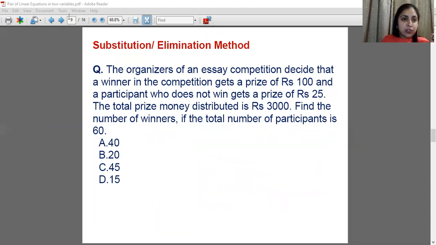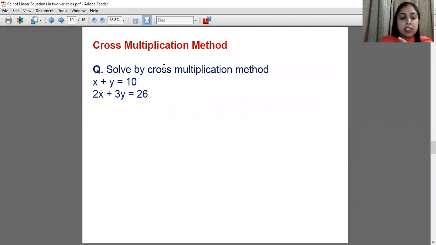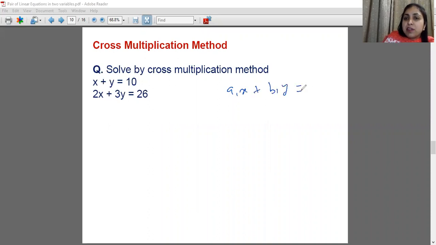Here comes my question based on the cross multiplication method, the very important one and very easy one. Now, let us try to understand this method again with the help of our basic equations. A1x plus B1y is equal to C1. A2x plus B2y is equal to C2. In this type of question, this is my system of equations.